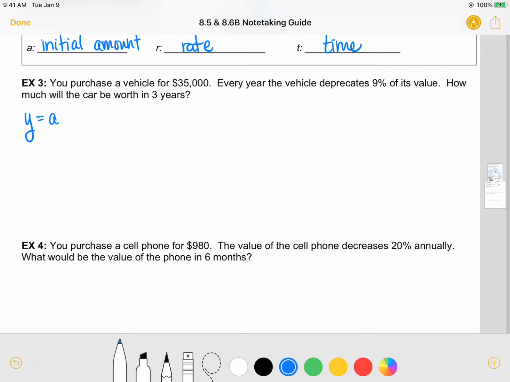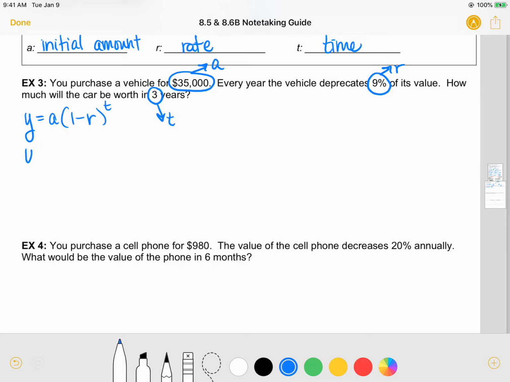So y equals a times 1 minus r to the t. Now, our initial amount is going to be 35,000. Our interest rate is going to be 9%, and we want to know how much the car will be worth after 3 years. So time is going to be 3.